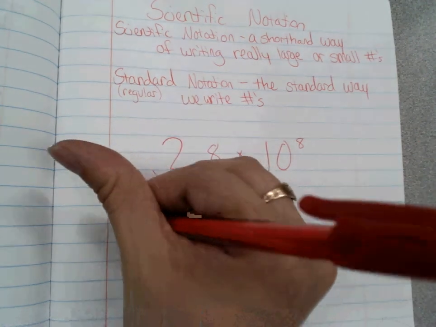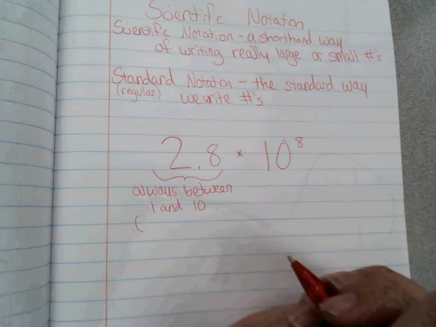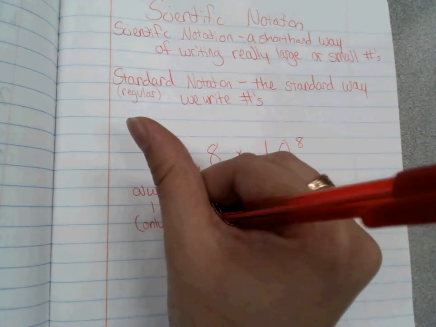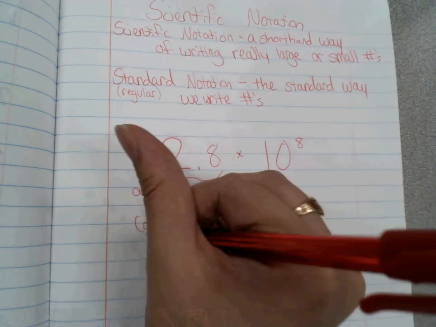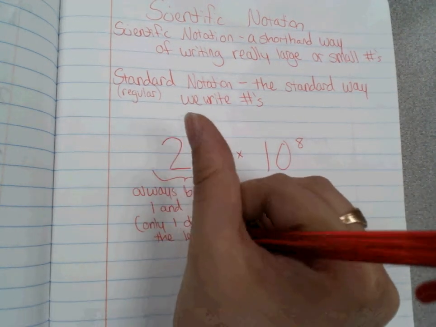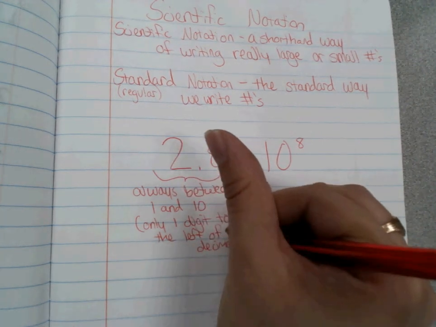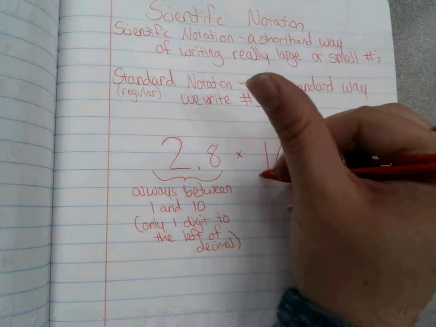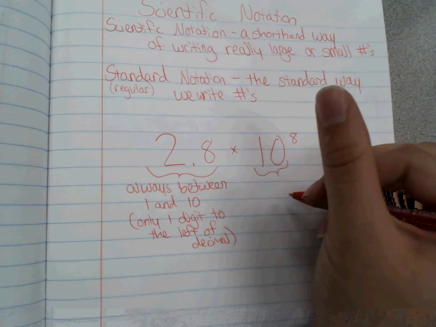One way to think of it is there can only be one digit to the left of the decimal, and it can't be 0. And then remember our base. The base of the exponent is always 10.